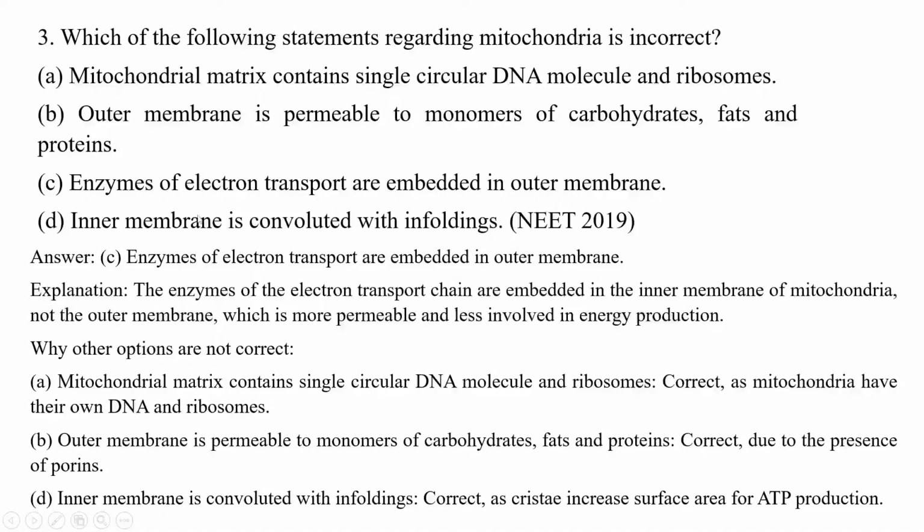But other options, like mitochondrial matrix contains a single circular DNA molecule and ribosomes, are correct because mitochondria have their own DNA and ribosomes. And option B, the outer membrane is permeable to monomers of carbohydrates, fats and proteins. This option is also correct because of the presence of porins; the outer membrane of mitochondria has porins, and through the porins carbohydrates, fats and proteins can easily be transported. So option B is also correct.